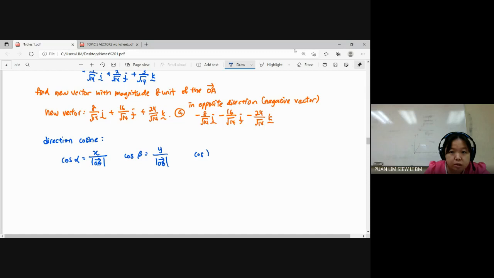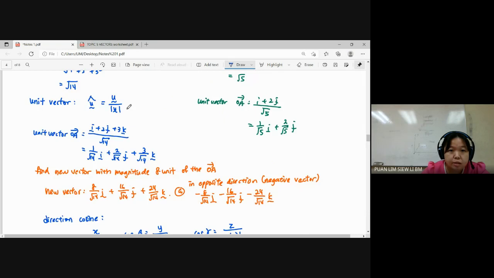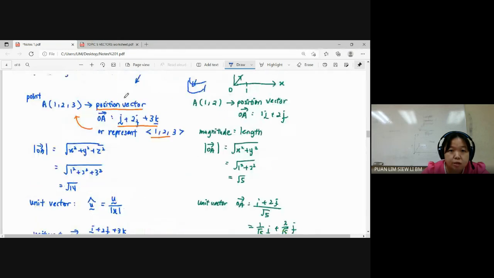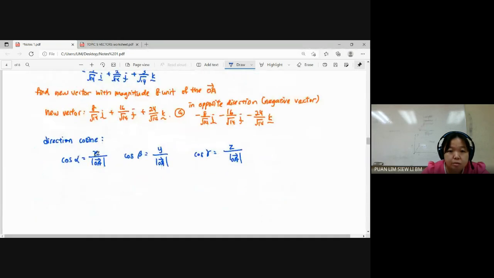Then cos gamma adalah Z per magnitude. Okay. Maksudnya koordinat masing-masing kan kita 3 dimension. Kita dimension X, Y, Z 1, 2, 3. So dimension masing-masing, koordinat masing-masing bahagi dengan magnitude.